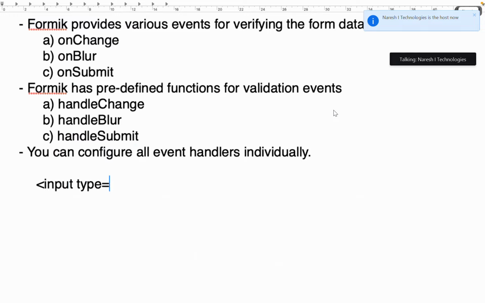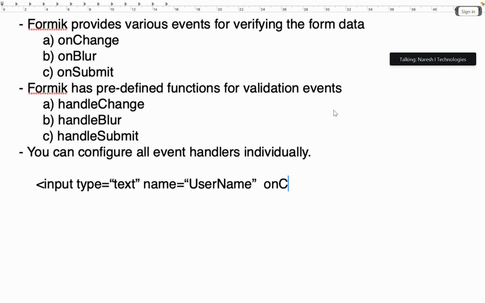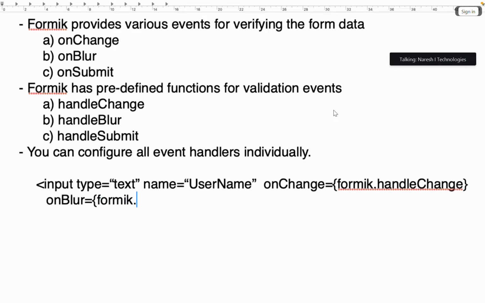Input type is text, name is username, on change is equal to formik dot handle change, on blur is equal to formik dot handle blur, like this.